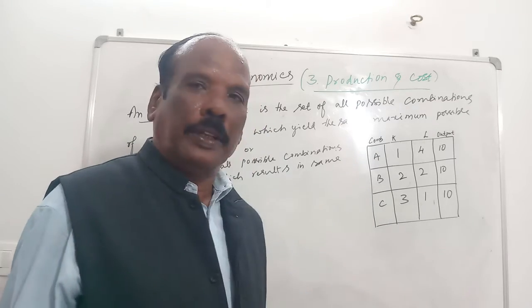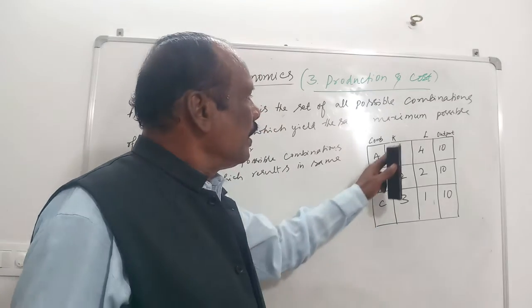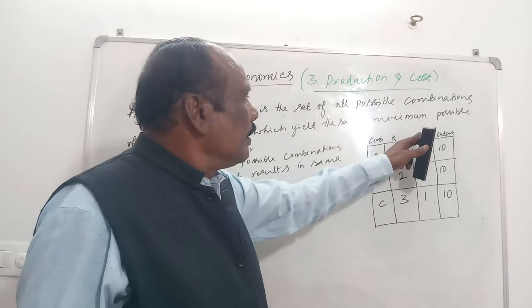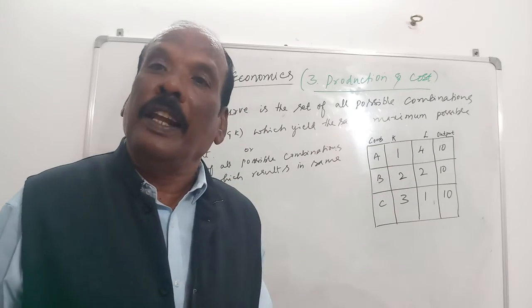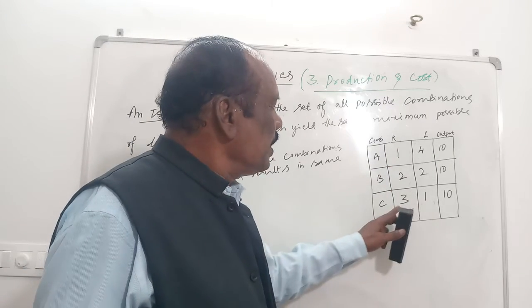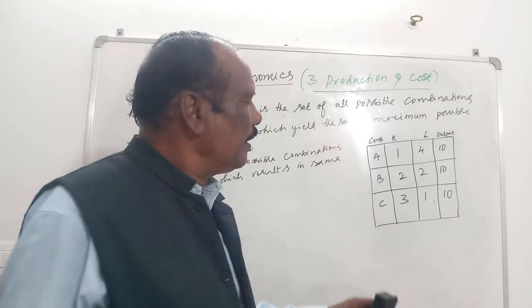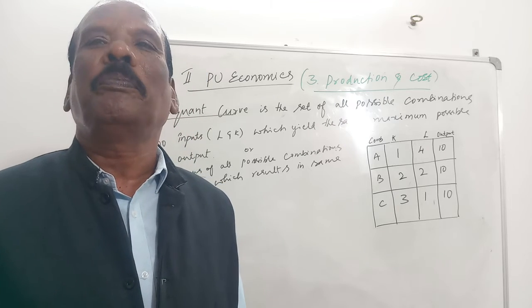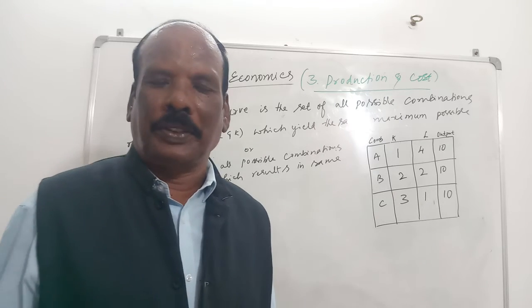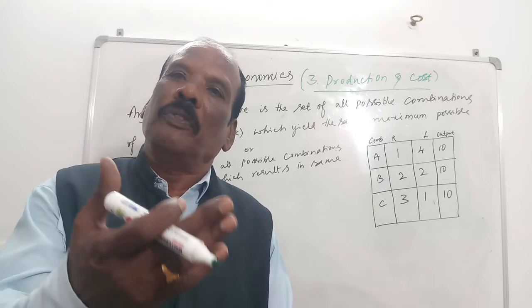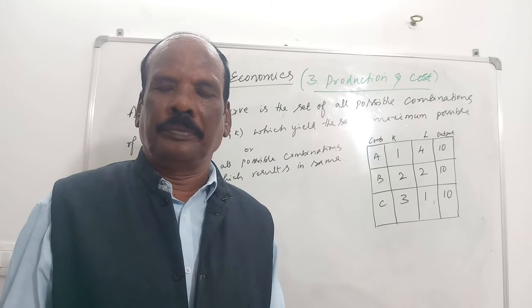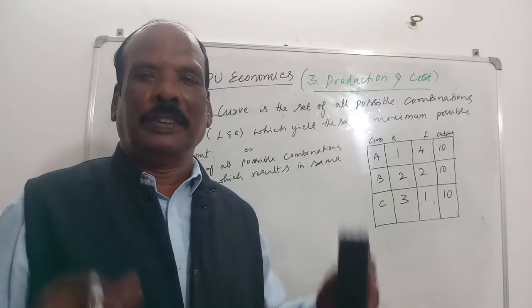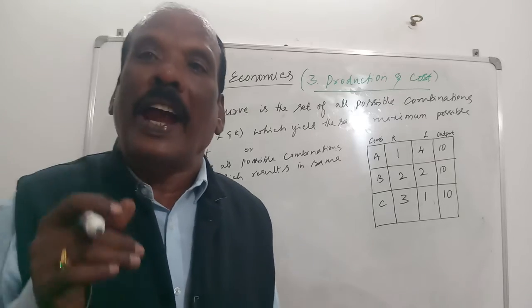See, come to the last one. So as we increase the use of capital, the use of labor is reduced. So here we use 3 units of capital and 1 unit of labor, and this combination also yields the same level of output. Right? Whatever may be the combination, that combination yields the same level of output, and this is called isoquant curve.